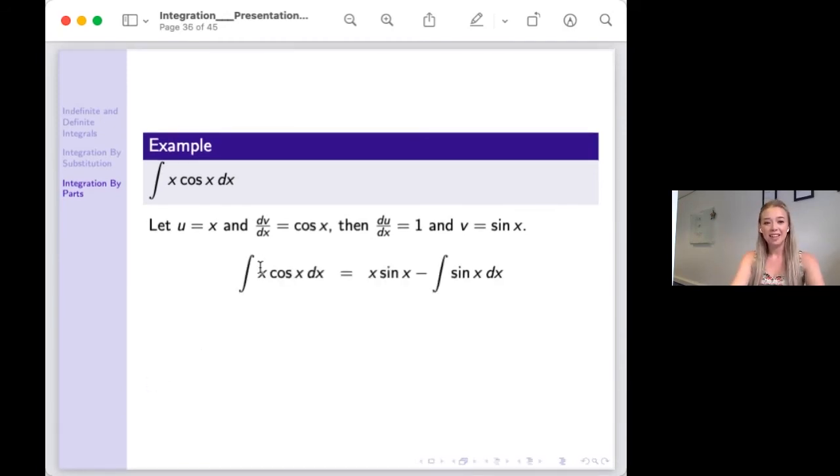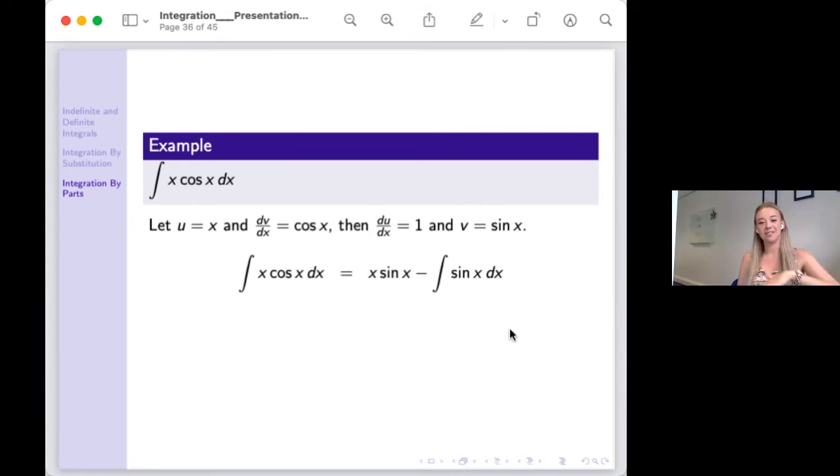So the integral of u times dv by dx equals u times v, which is now x sine x, minus the integral of v times du by dx, which is really nice because that du by dx is just 1. This is why it's integration by parts, because we've done some of it.